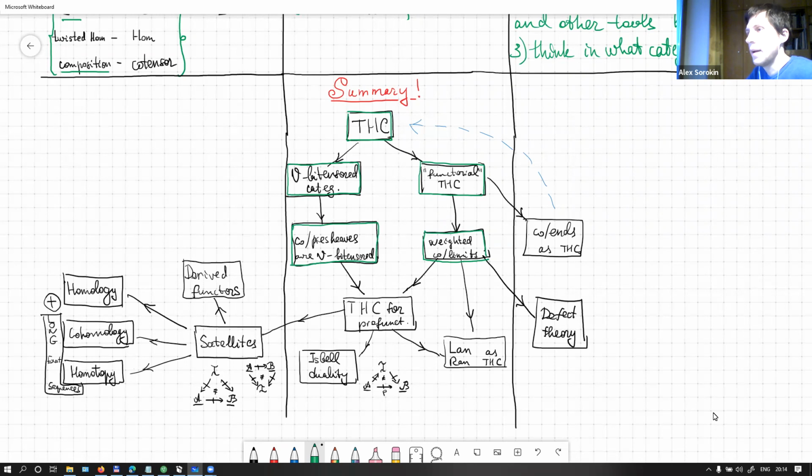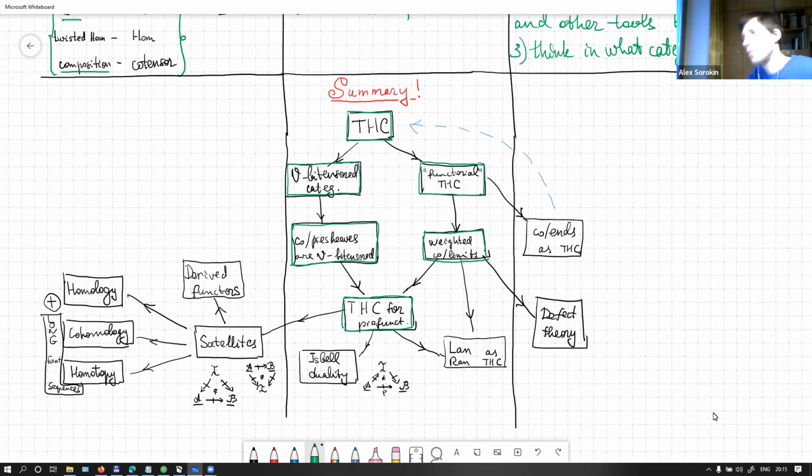Then, from copresheaves being bitensor and weighted colimits, as I have shown above, when I was substituting C by C op to V, I obtained a Tensor-Hom-Cotensor for profunctors, even when I have no idea about profunctors. So I'm just falling down in this diagram, going deeper and deeper. Tensor-Hom-Cotensor, knowing Kan calculus, gives me functorial THC.